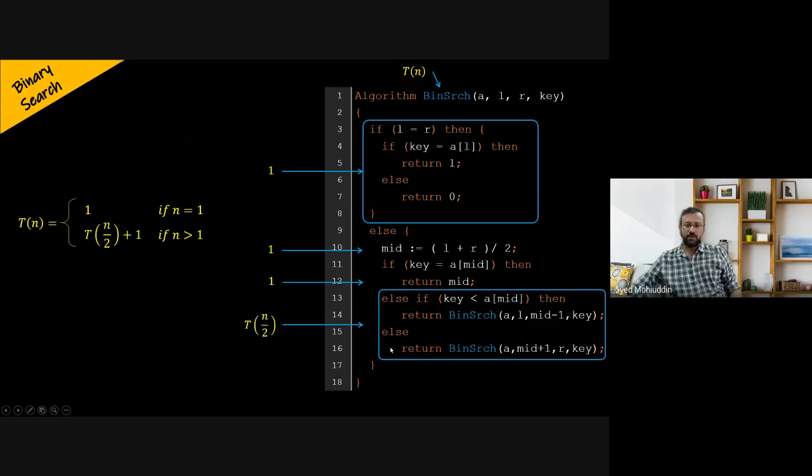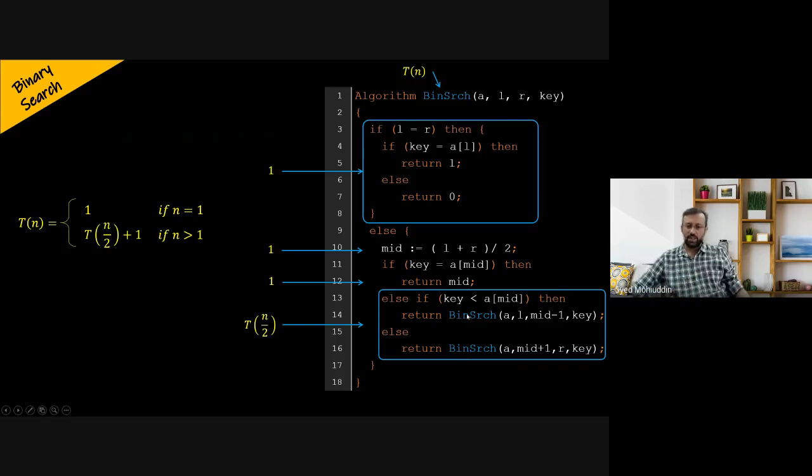What about the else part? This else part will not recursively call binary search 2 times. The binary search is recursively called either on the left subarray or on the right subarray. It's not called 2 times.